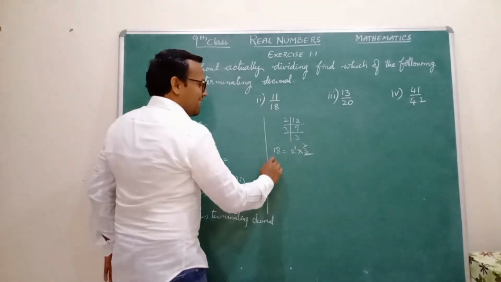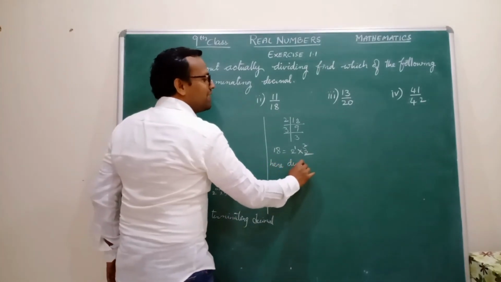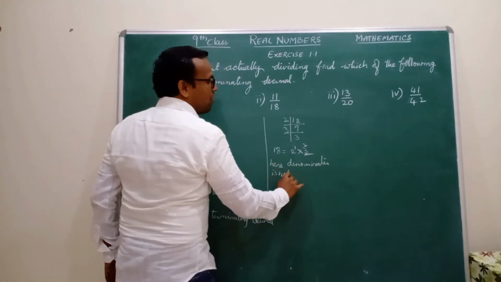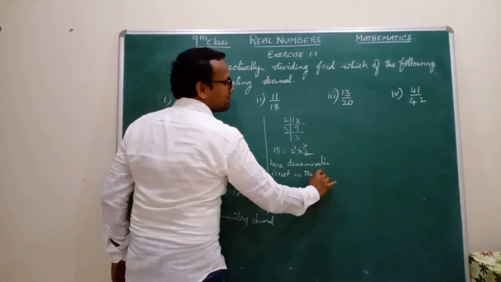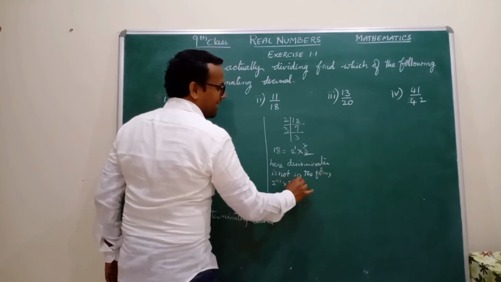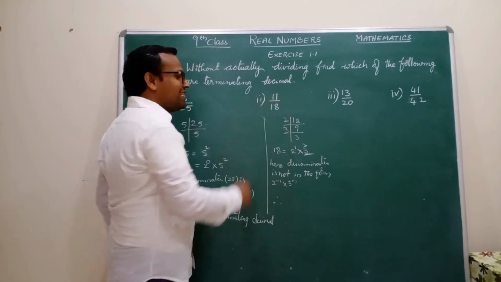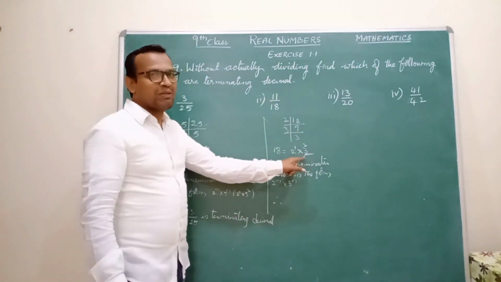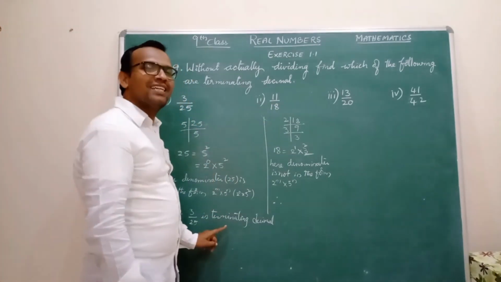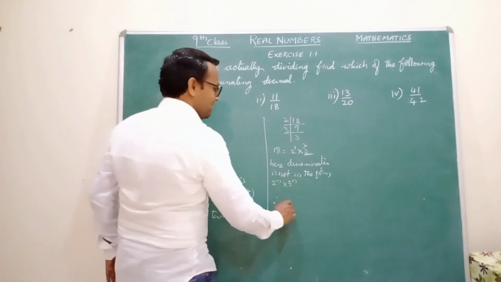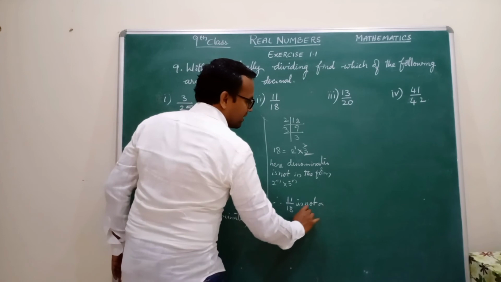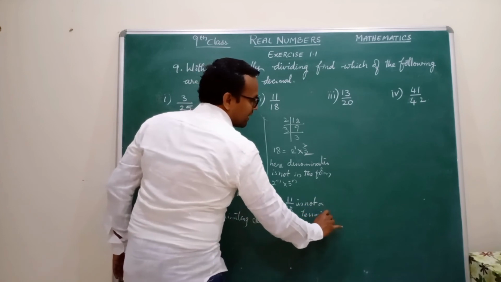So here the denominator is not in the form 2 power m into 5 power n. Therefore 11 by 18 is not a terminating decimal.